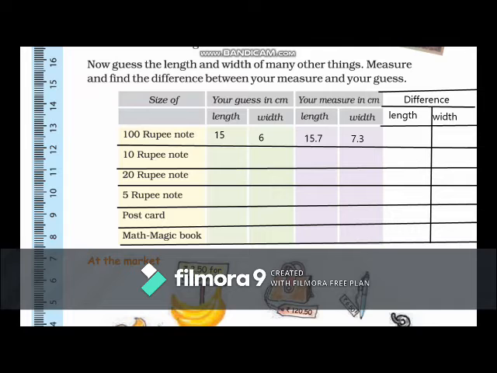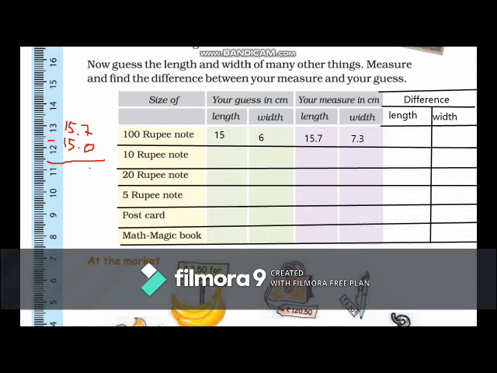So first we have to subtract 15.7 minus 15. Here we have to write one digit after the decimal point. So here point, and here we have to write 0 to make it like a fraction.